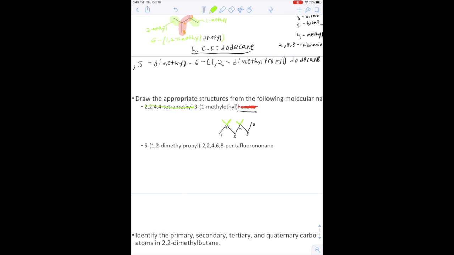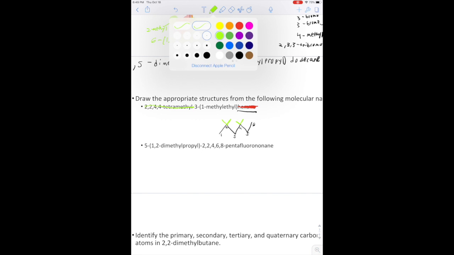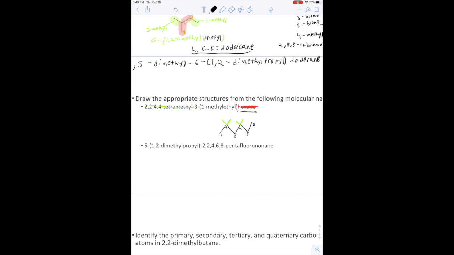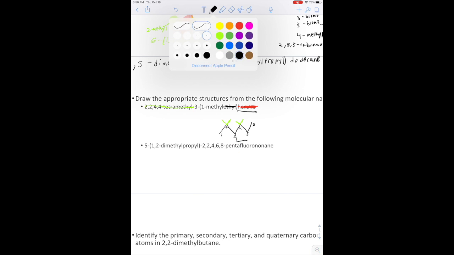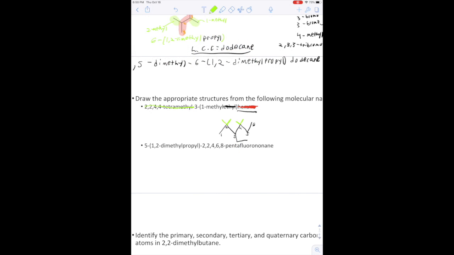I should have drawn this here. It's fine. I'll try to fit in an ethyl group. There you go. And on ethyl, which is my longest complex substituent, there's 1 methyl group coming off of it. Oops, wrong thing. Perfect. This is how you draw this molecule.